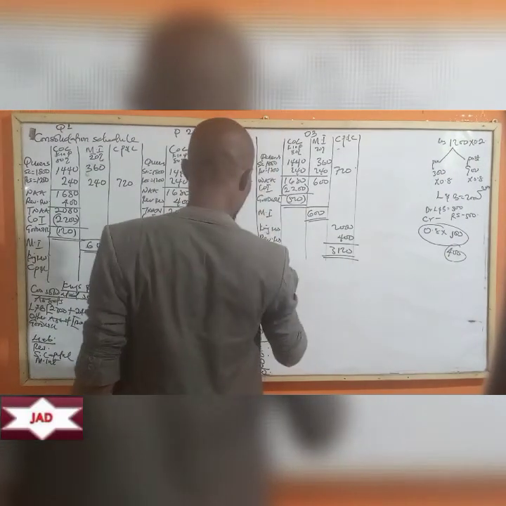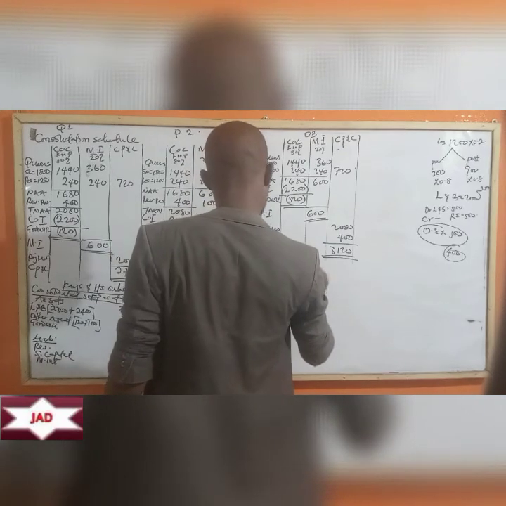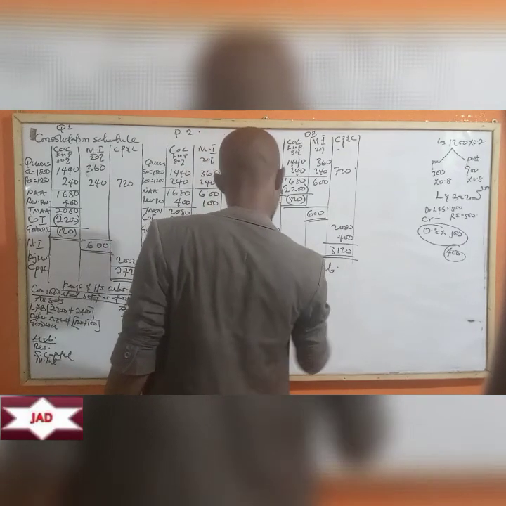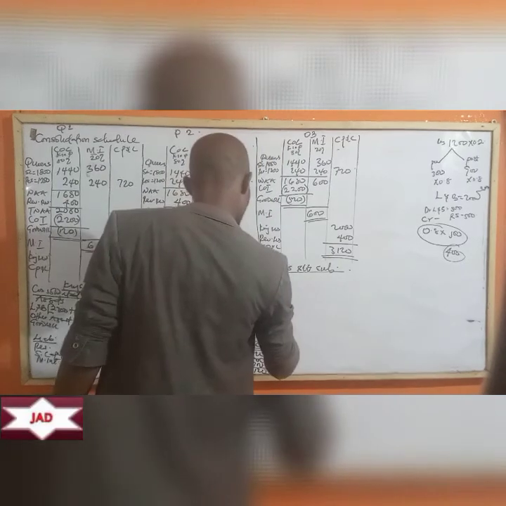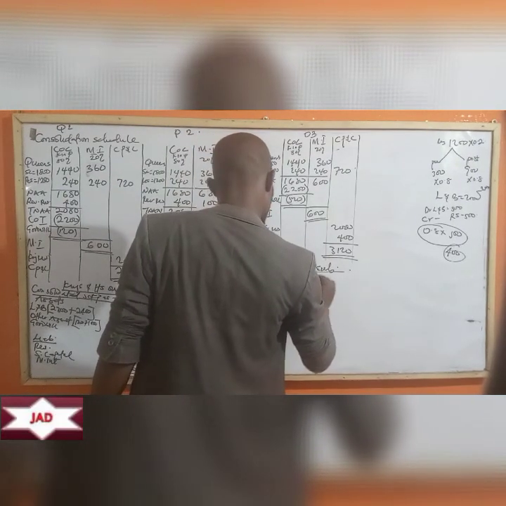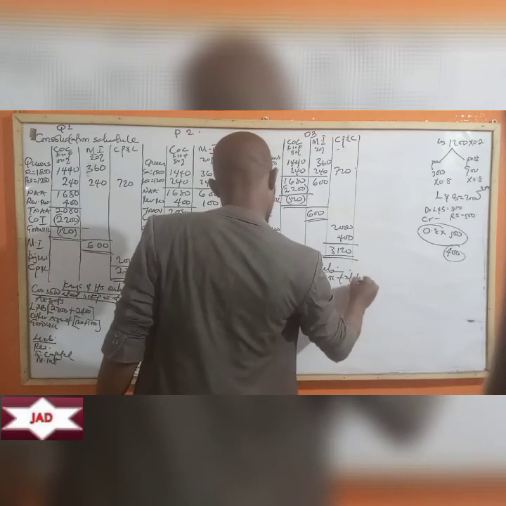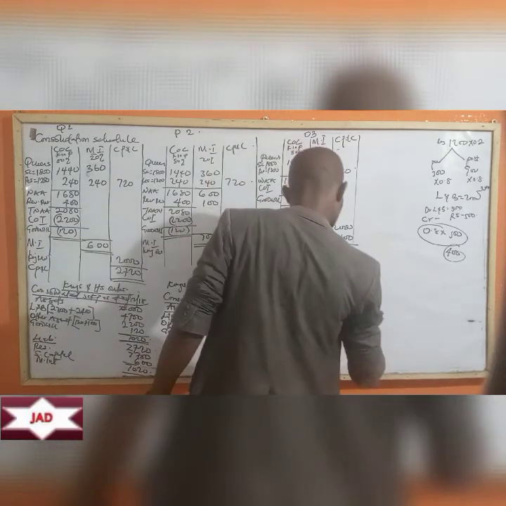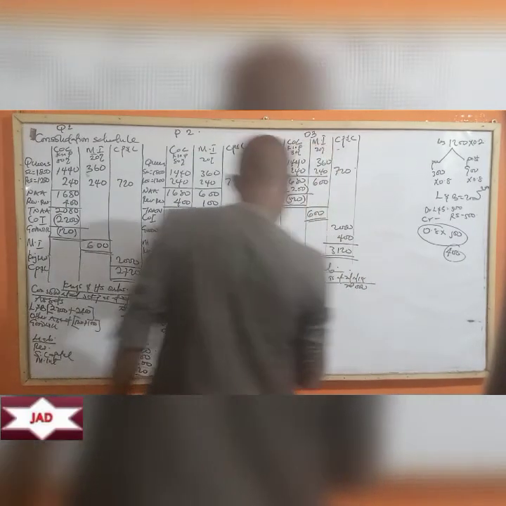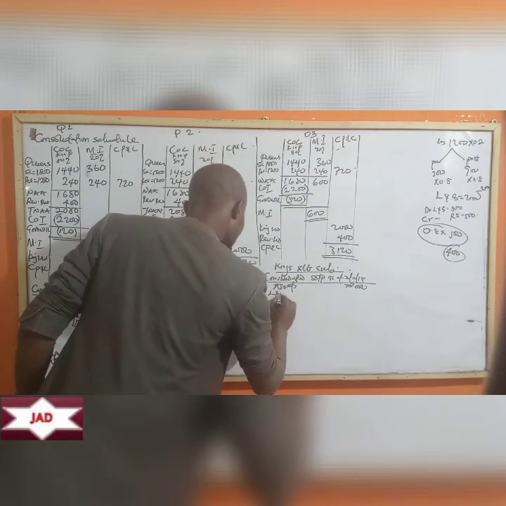So we have what? Kings and its subsidiary. So we have consolidated as at 31st December 18, right? So we have the assets. What are the assets there? Land and building.